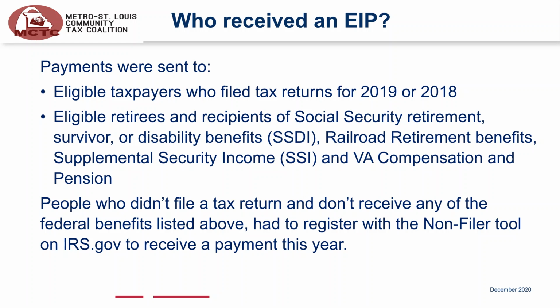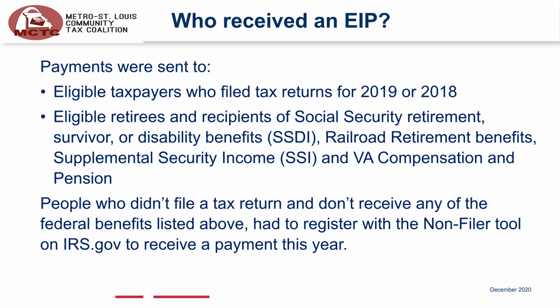How did the service determine who was going to receive it? First, they looked to individuals who filed 2018 returns or 2019 returns. They received their checks early, as you remember. There were also later those that may not have had a filing requirement, such as retirees and individuals on Social Security, VA disability, or SSI.